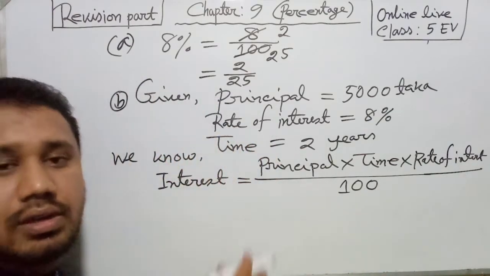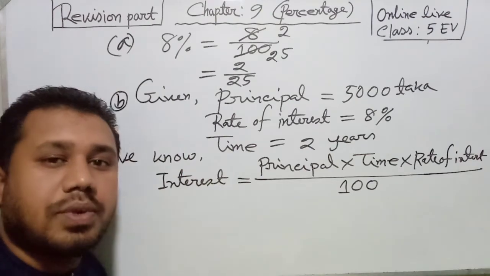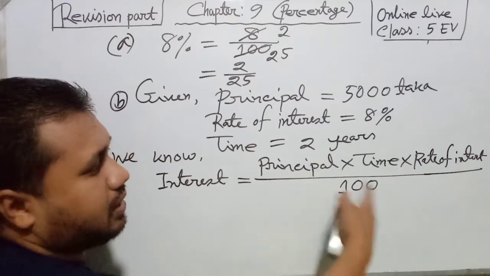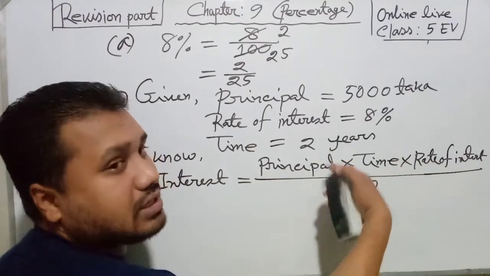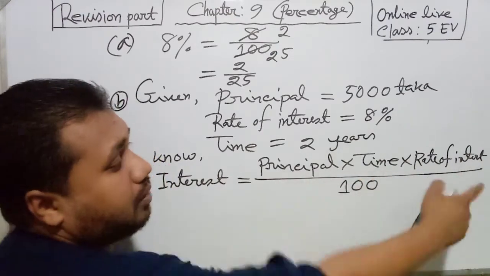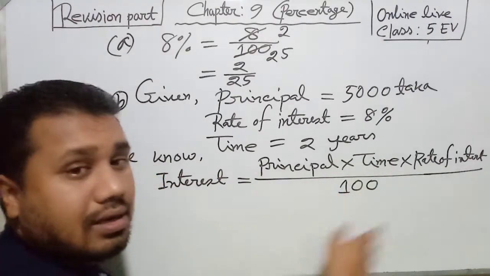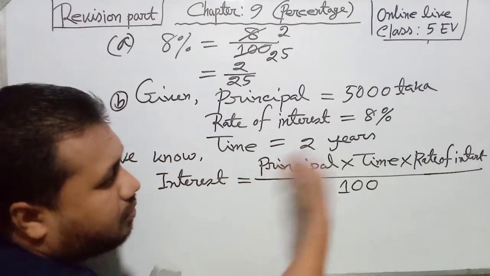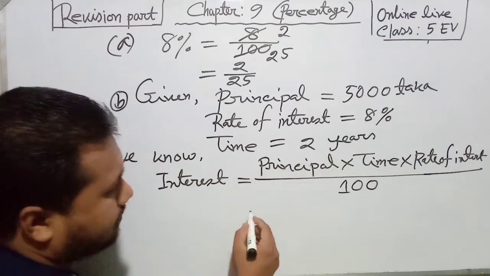So this is our formula. Interest equals principal into time into rate of interest divided by 100. You can write rate of interest then time, not a problem. They are all multiplied, so you can write them breaking the serial, no problem.